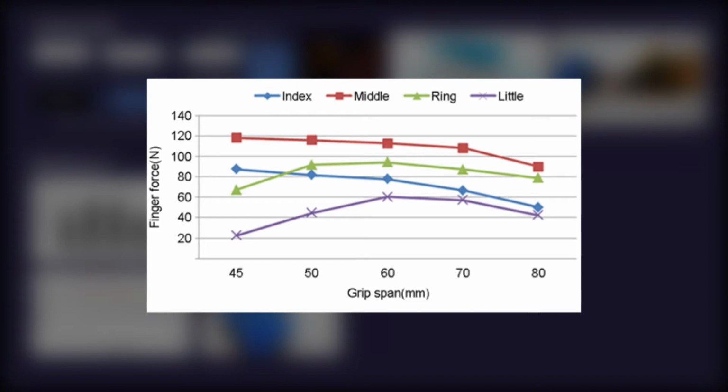Besides that, the index and ring fingers have complete opposites when the objects change size from 45 mm to 80 mm.